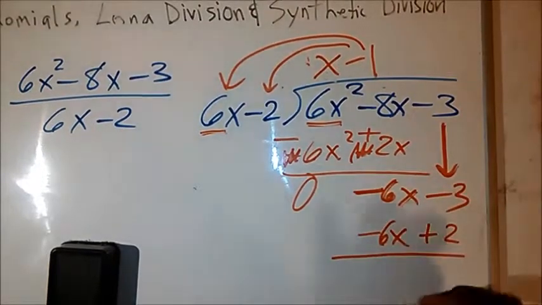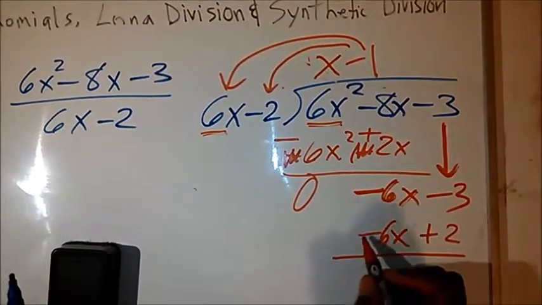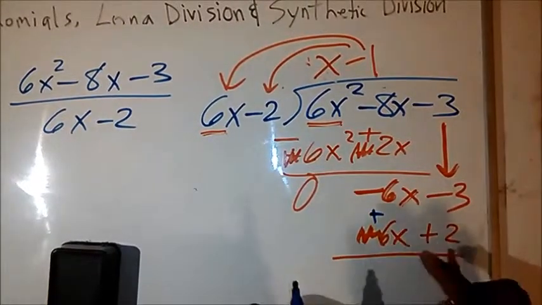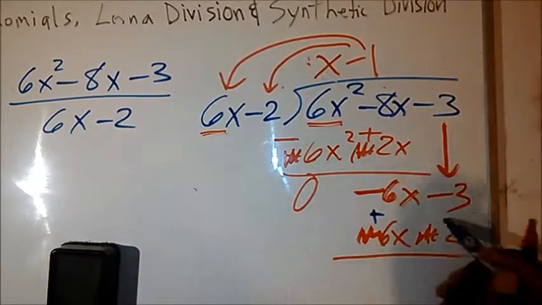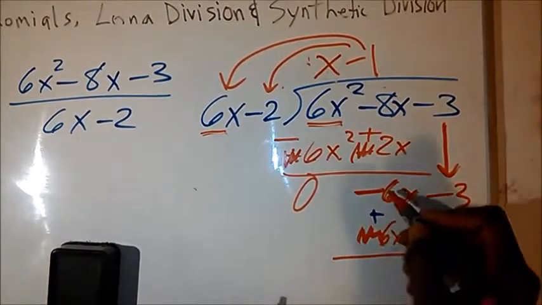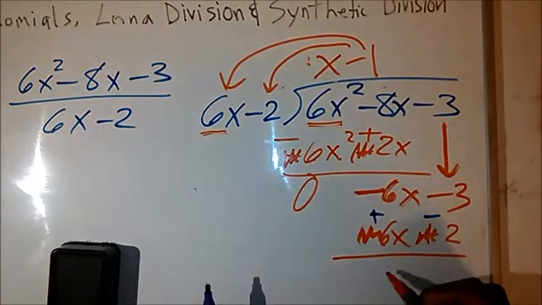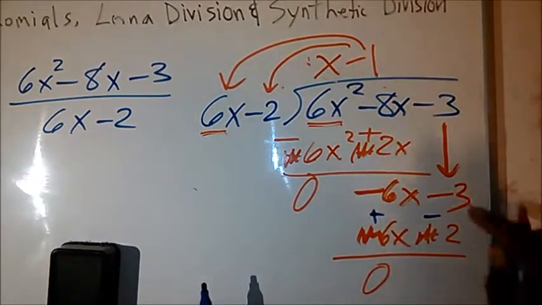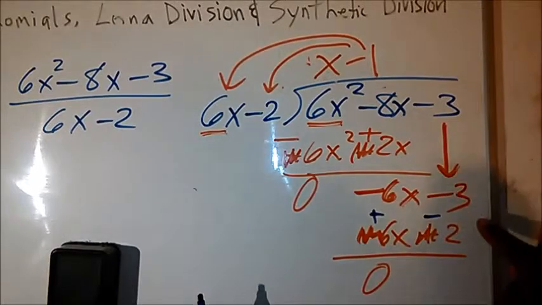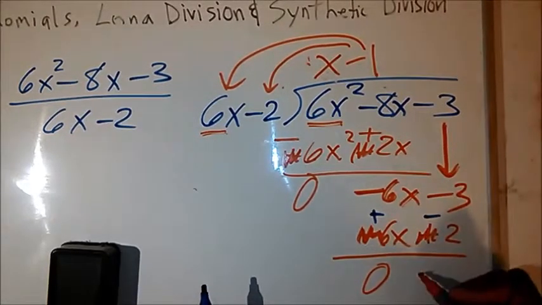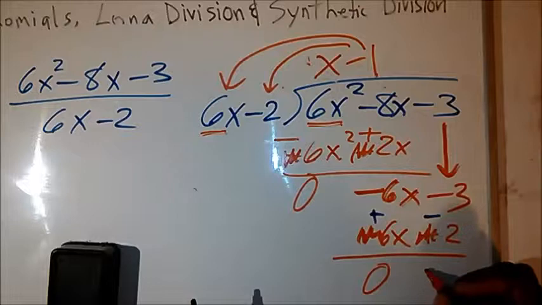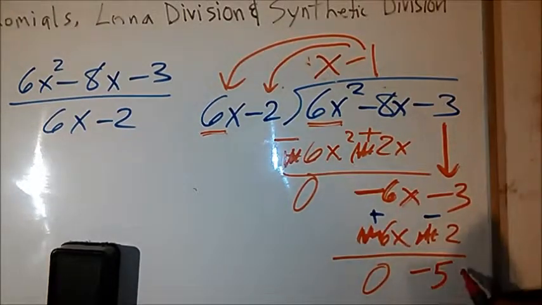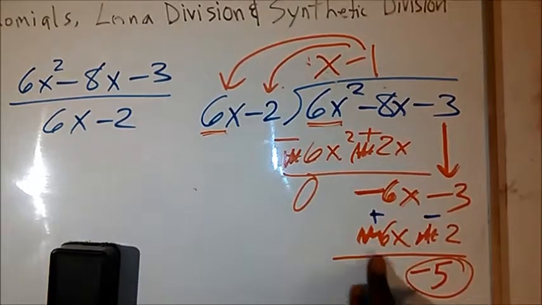And we're going to subtract, so the signs will change. This is negative, now it's going to become positive. This is positive, this will become negative. Negative 6x plus 6x is 0. Negative 3 plus negative 2. A negative plus a negative is really negative, so it's going to be negative 5. That's going to be our remainder.